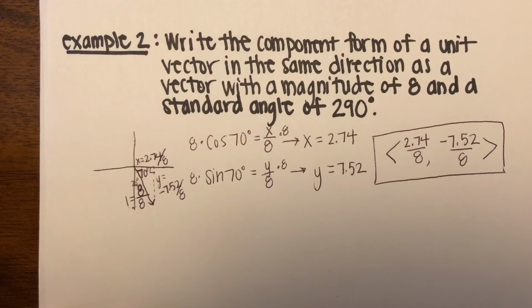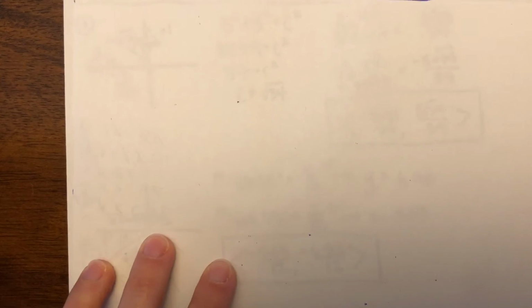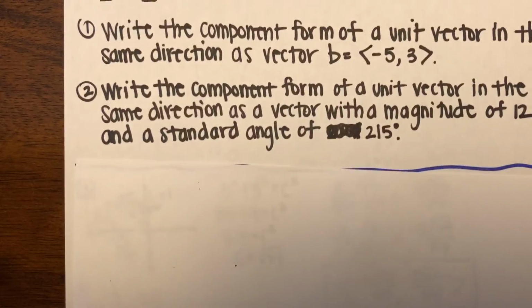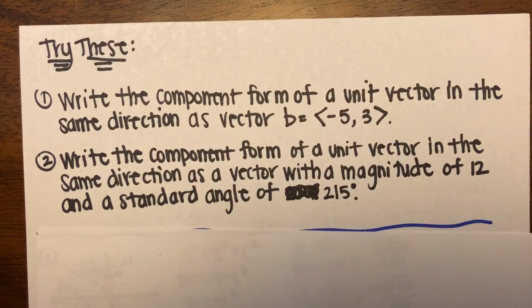There you go. So those are the two examples that I have for you guys. I actually have two problems that I would like for you to go ahead and try on your own. So at this time, if you could, go ahead and take out a piece of scratch paper and a writing utensil and a calculator if you haven't already done so.